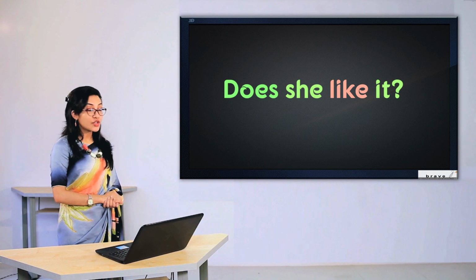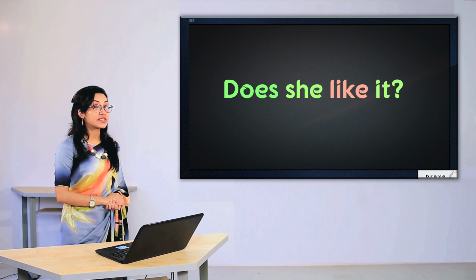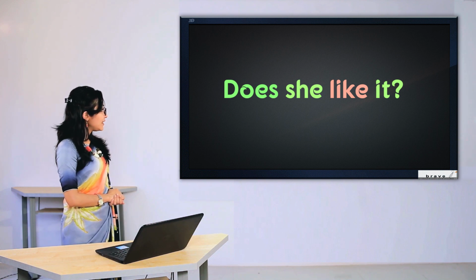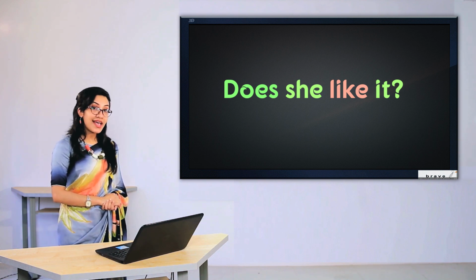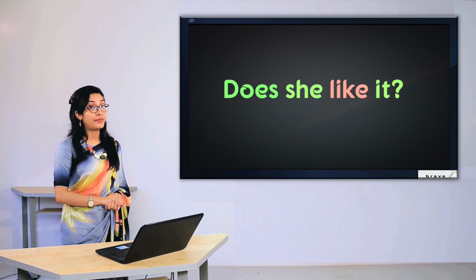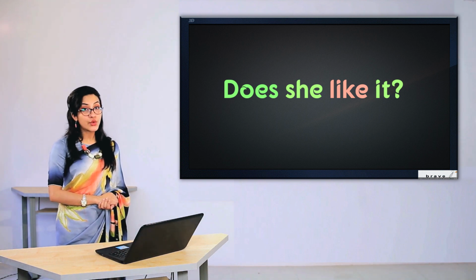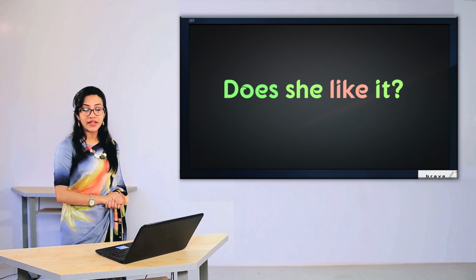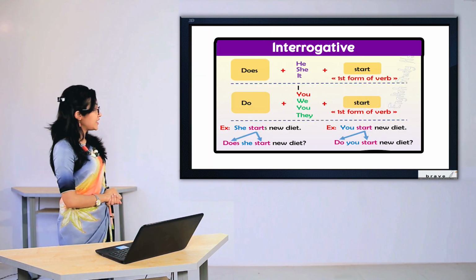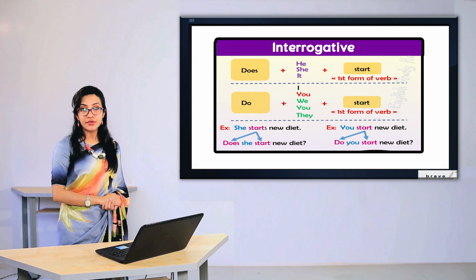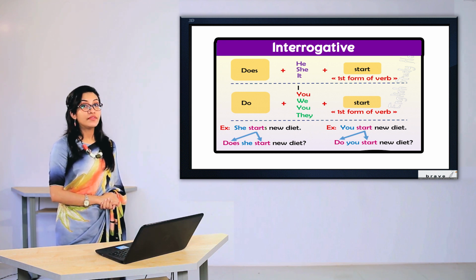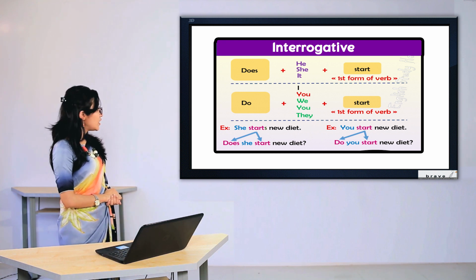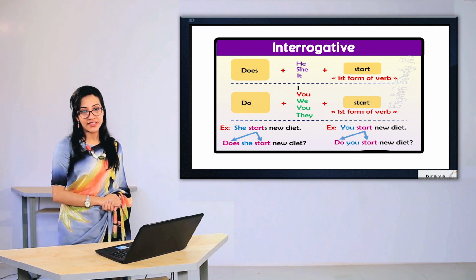Here, the structure has been given as does, then third person singular number, and then the verb. As we have already used does at the beginning of the sentence, we are not going to add s or es at the end of the verb. On the other hand, if the subject is first person, second person, or third person plural, then we are going to put do at the beginning of the sentence.